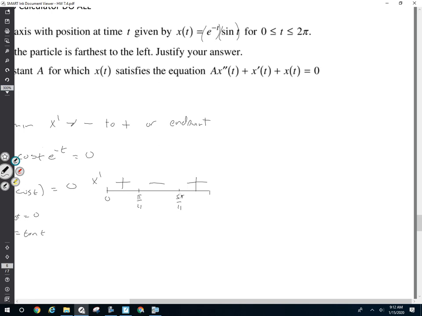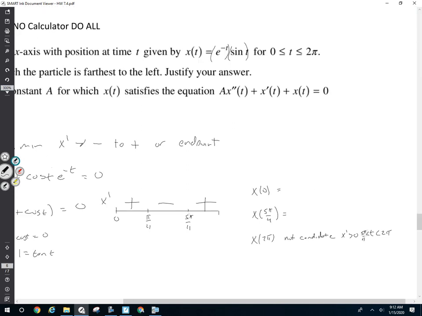So I'm furthest left either at x of 0 or x of 5 pi over 4. Those are my candidates. X of 0 because I end up going to the right. So x of 2 pi is not a candidate, because x prime is positive for t between 5 pi over 4 and 2 pi.